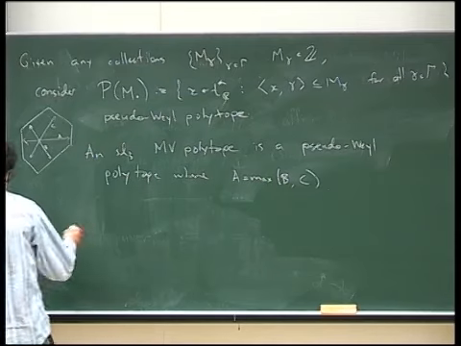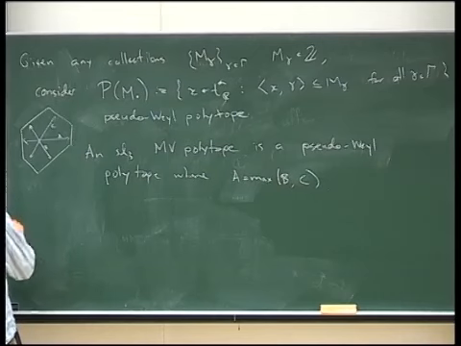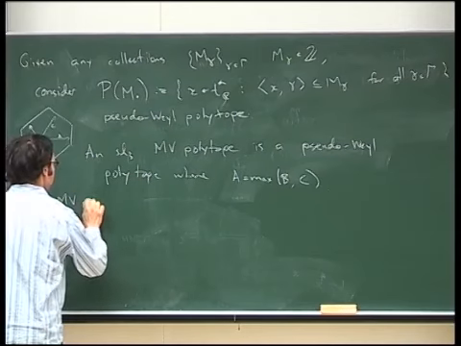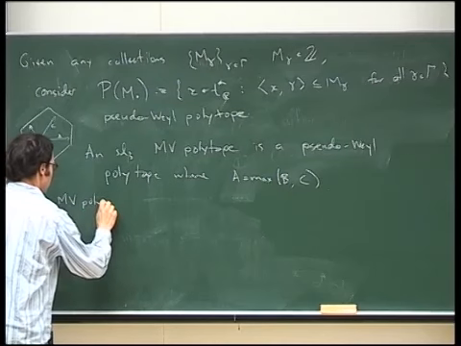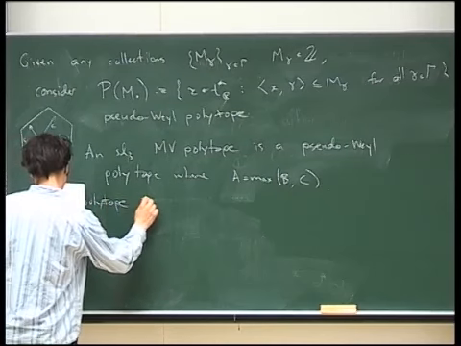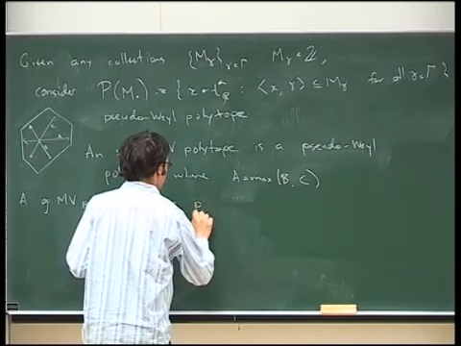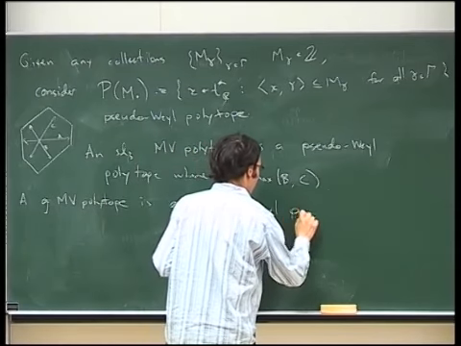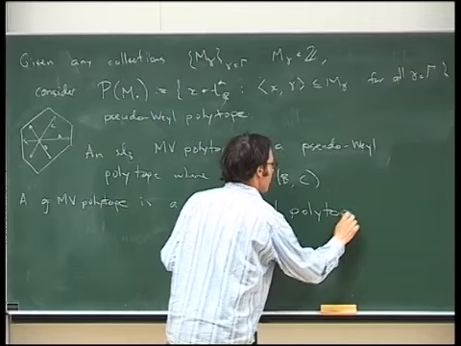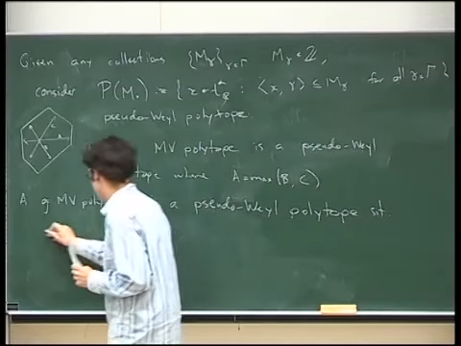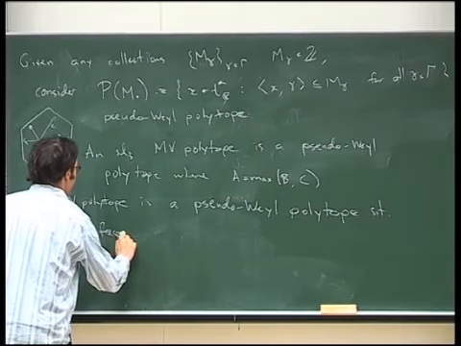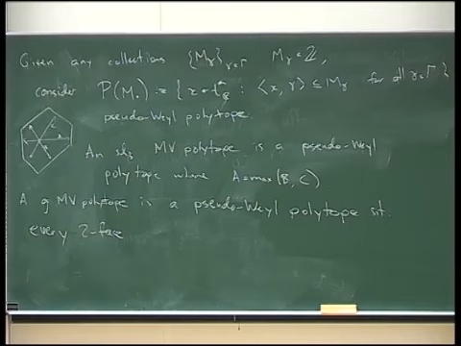And now we can define MV polytope for an arbitrary simple simply connected Lie algebra in the following way. A G MV polytope is a pseudo-Weyl polytope such that every two-face... So in general, think of this polytope as some high-dimensional thing.